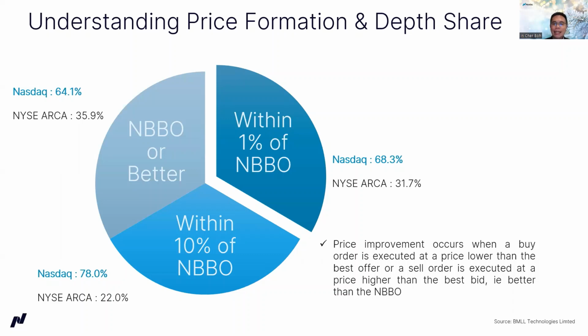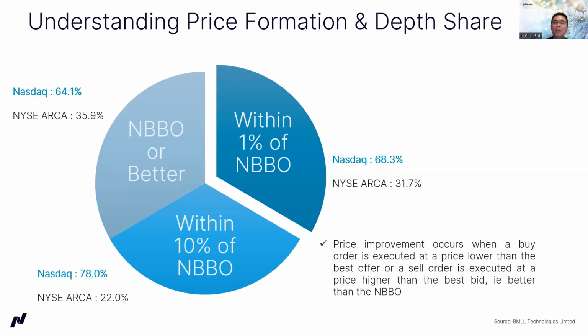Using both Nasdaq and NYSE Arca cumulative depth share data as the universe of depth data for the market, the chart above shows that on Nasdaq, using the Russell 1000 component stocks, Nasdaq depth share is 64.1% compared to 35.9% on NYSE Arca. This means price formation for prices better than the NBBO are contributed mainly from Nasdaq market depth.